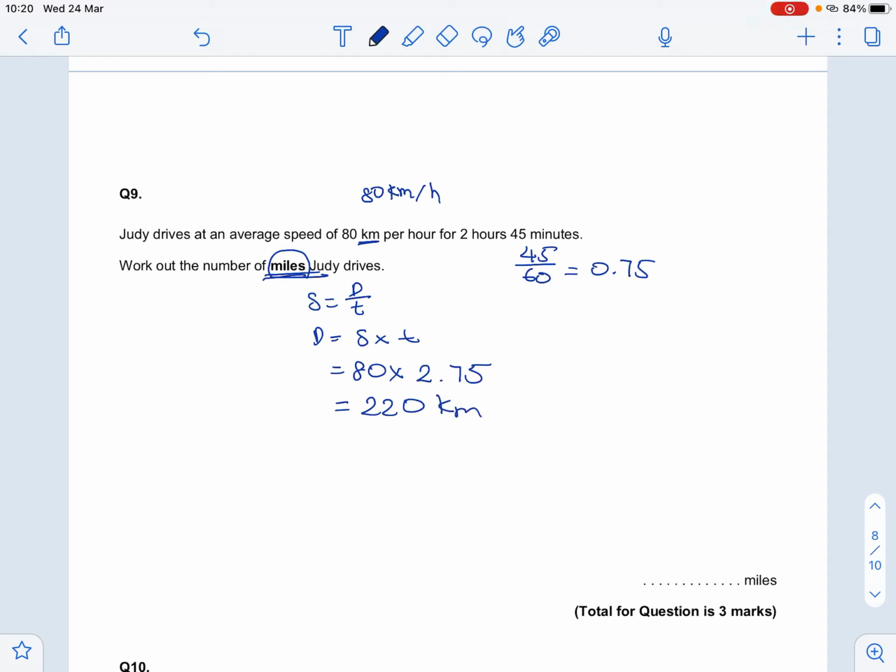kilometers. But you want your answers in miles, so we need to convert kilometers into miles.